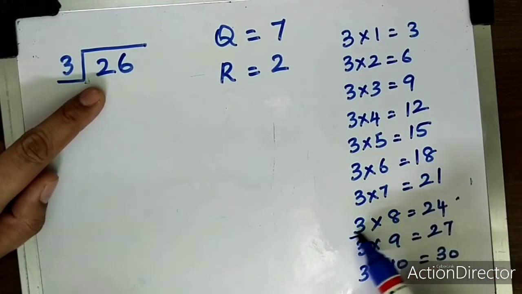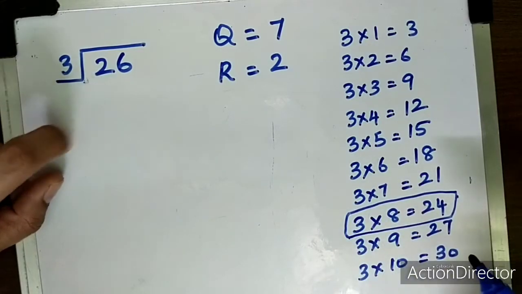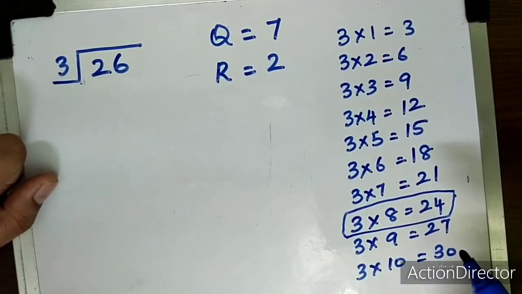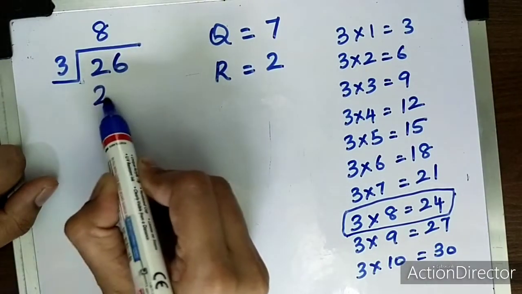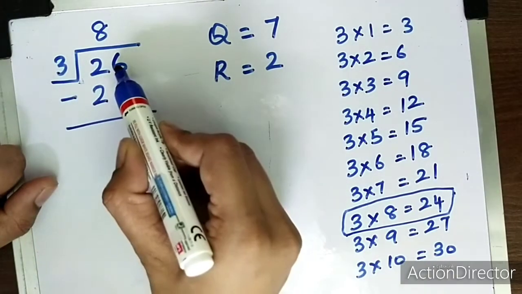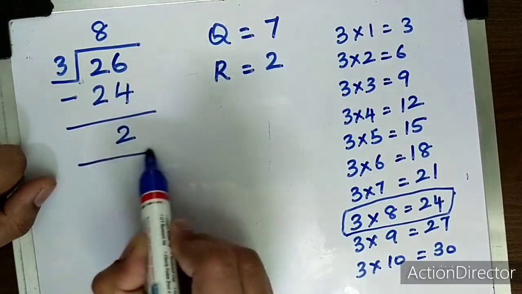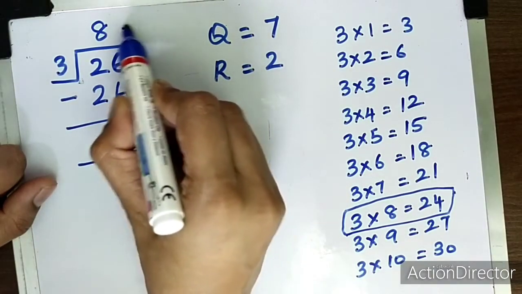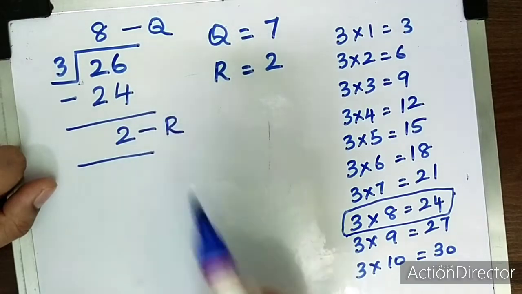What is the number before? 3 8s are 24. What are we going to do? Subtract. 26 minus 24 is 2. So we got the quotient as 8 and the remainder as 2.